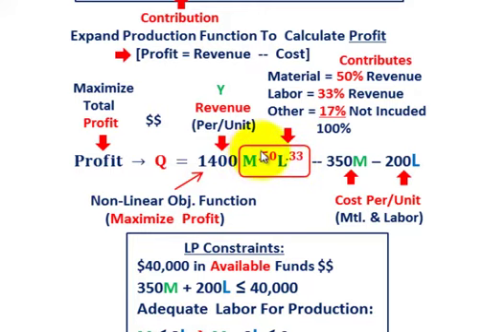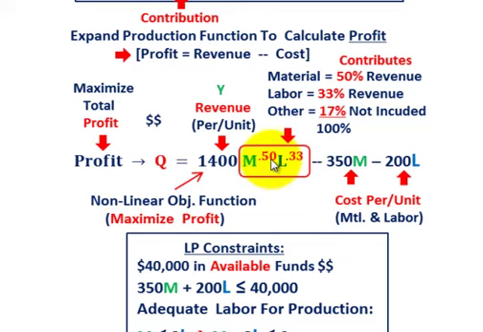So first off, for material and that exponent, we're going to say that is 50% or 0.50 here. So material contributes 50% to our revenue. So we're going to raise our material to 0.50. And we take that, and of course the 1400 is times material and labor.